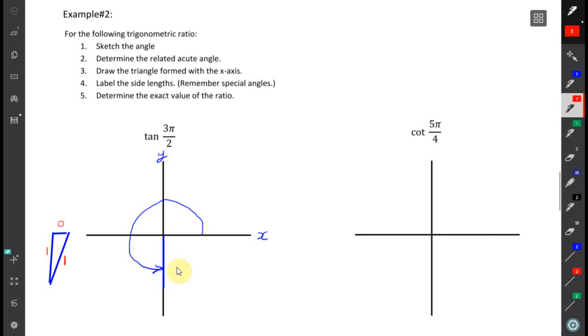But we can still think of the fact that here's my beta, if I were to draw this over here. This is my opposite. This is my hypotenuse.